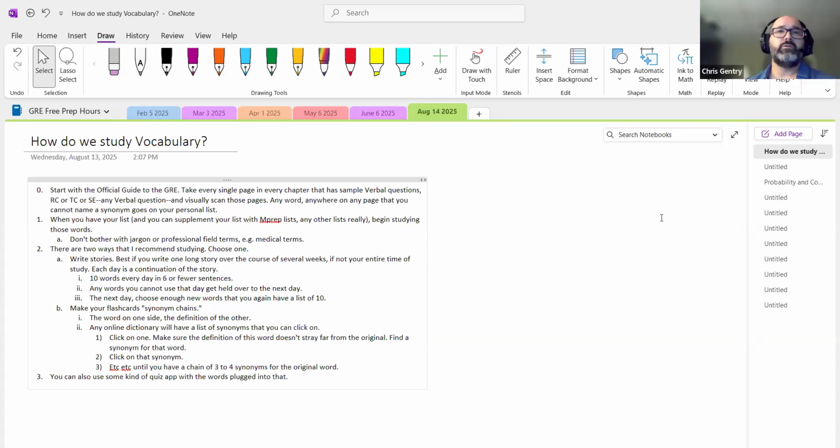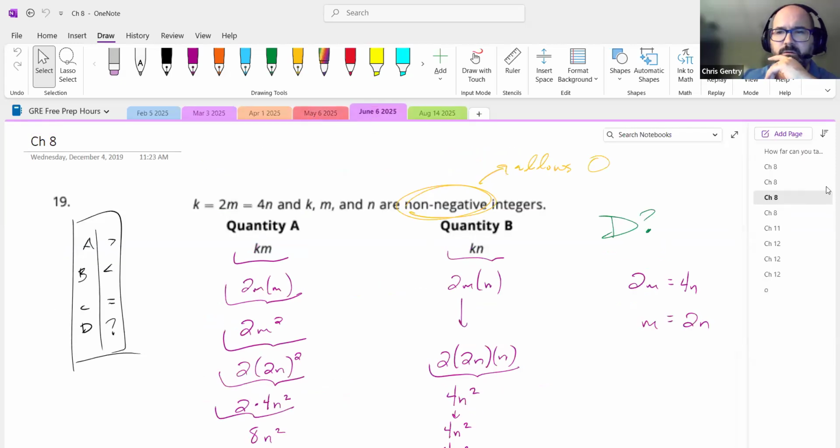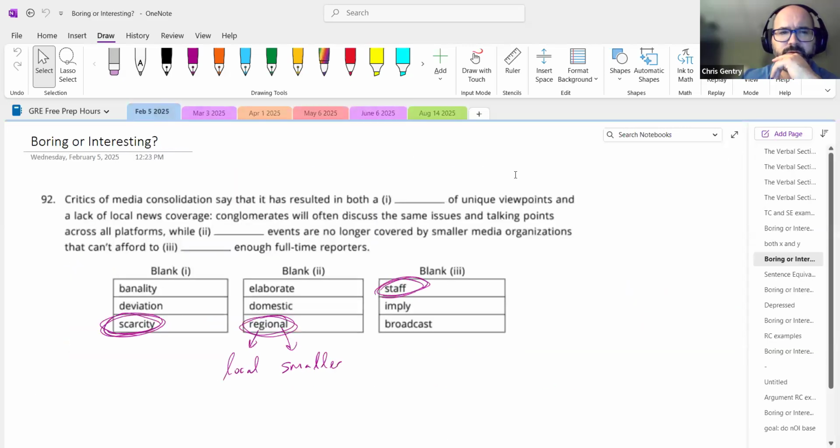We are going to do some practice problems. I got a lot of requests for vocab, and I got requests about combinations. I'm not intending tonight to do practice problems on actual text completion or sentence equivalence because back in February of this year, I did a free prep hour that's already on YouTube, where I worked through a lot of text completion and sentence equivalence problems and talked about how to build our predictions.